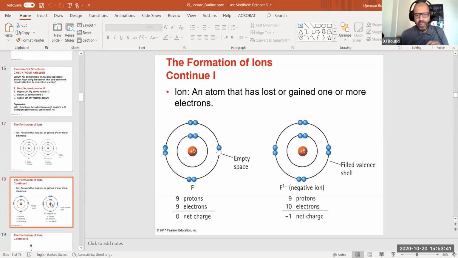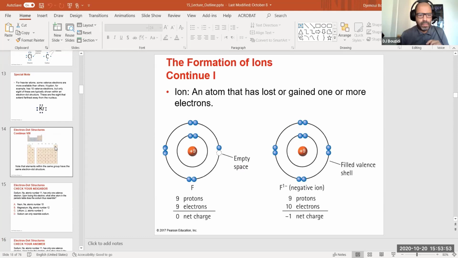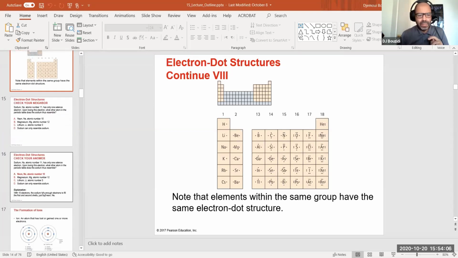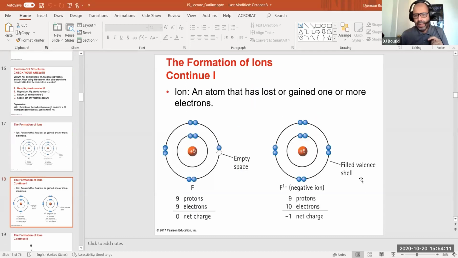If you take, let's look at the periodic table in here. So this is neon. It has 10 altogether. Fluorine has 9. So in this case, it has the potential of gaining 1. If it does gain 1, it's going to have 10.